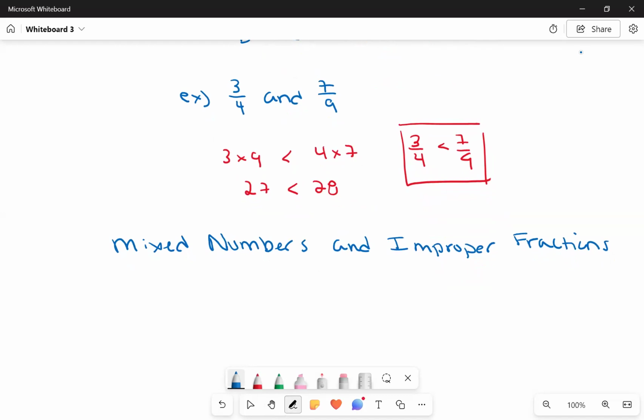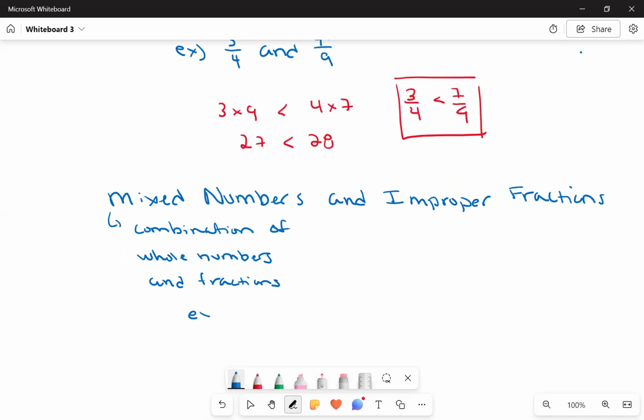So mixed numbers are when we have a combination of whole numbers and fractions, like 3.5. That's a mixed number. Okay. An improper fraction is when the numerator is bigger than the denominator.